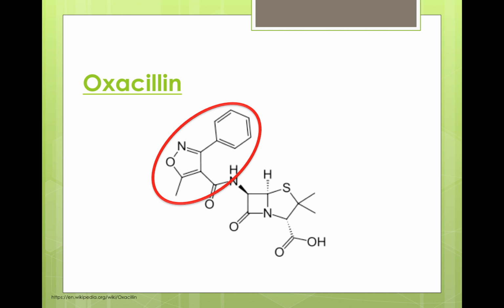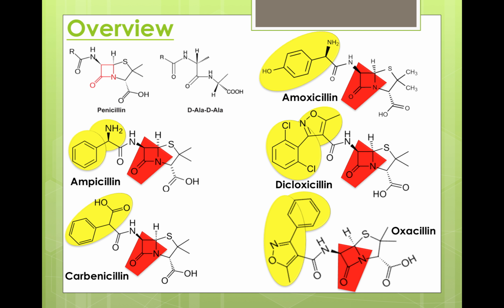And then we have a little overview slide here with the penicillin and the D-alanine that it will mimic right here. And these are all the 5 different penicillins that we talked about. The red trapezoids show the beta-lactam ring in all of them, and the yellow circles highlight how each one of them is different.